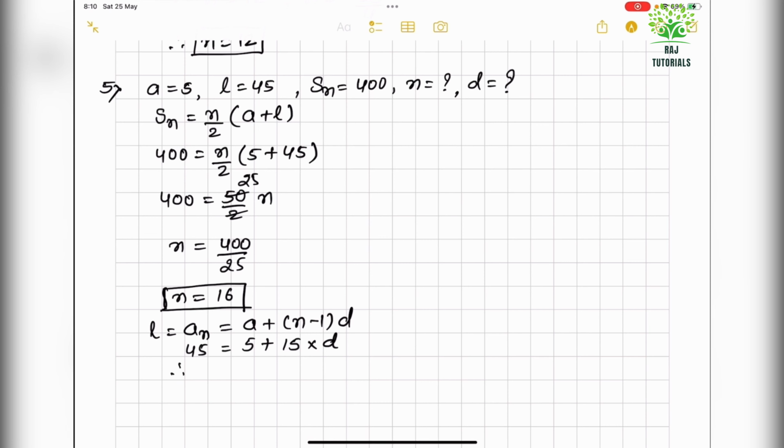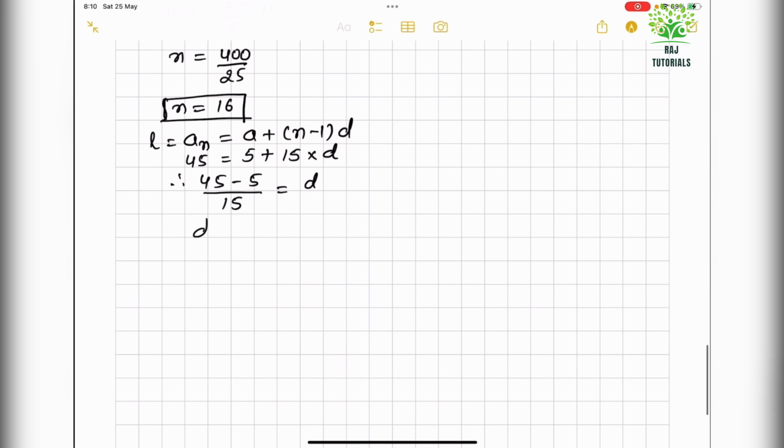So therefore 45 minus 5 upon 15 equal to d. So d equal to 40 by 15. So 5 eights are 40, 5 threes are 15. So d equal to 8 by 3.